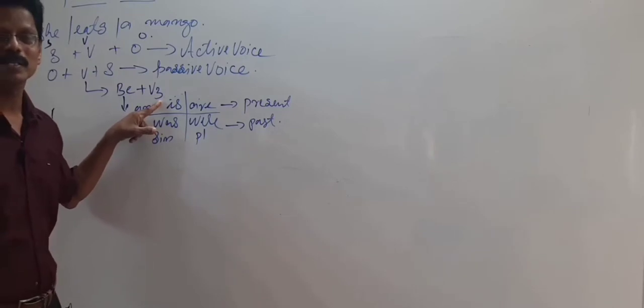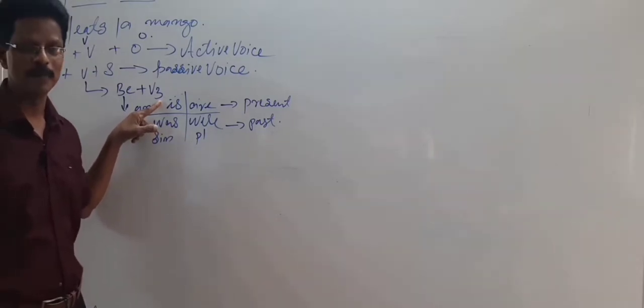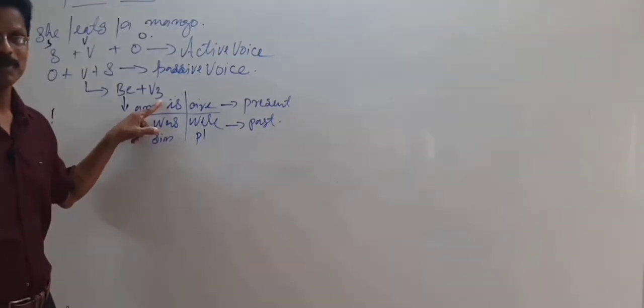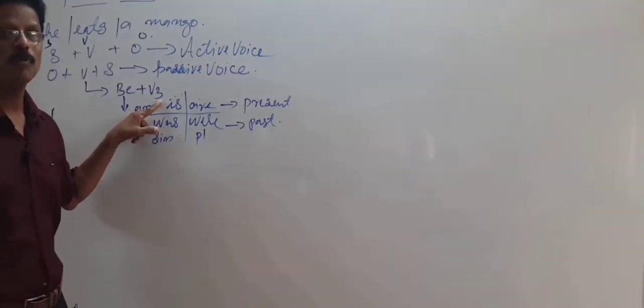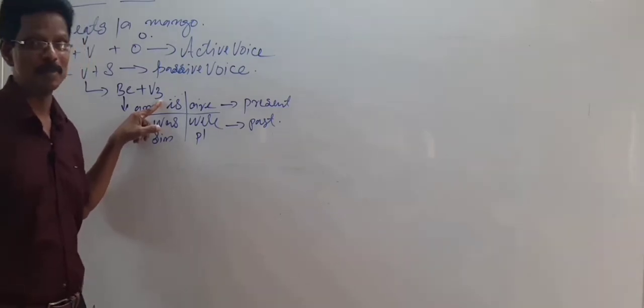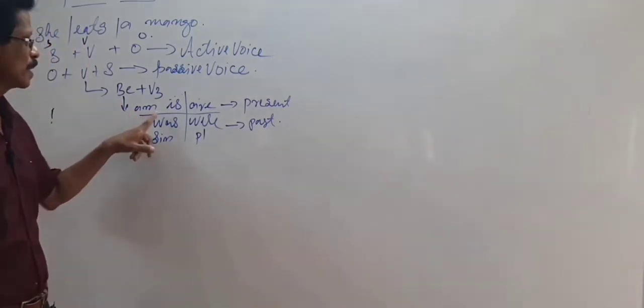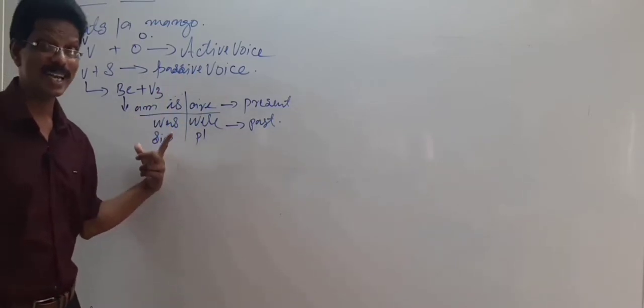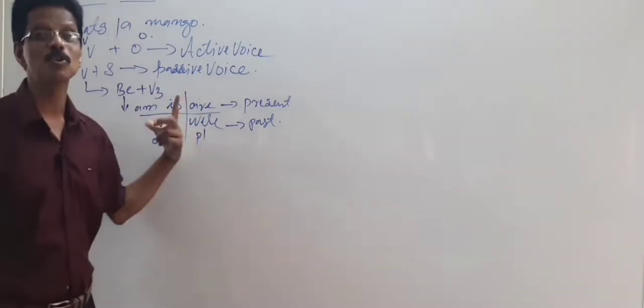You know, verb has three forms: V1, V2, V3. Present, past, past participle. Past participle form is V3. So am, is, are, was, were, I repeat, should be used according to tense and number.